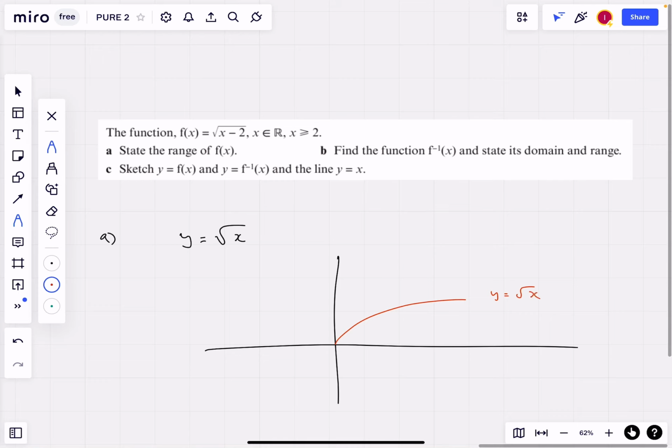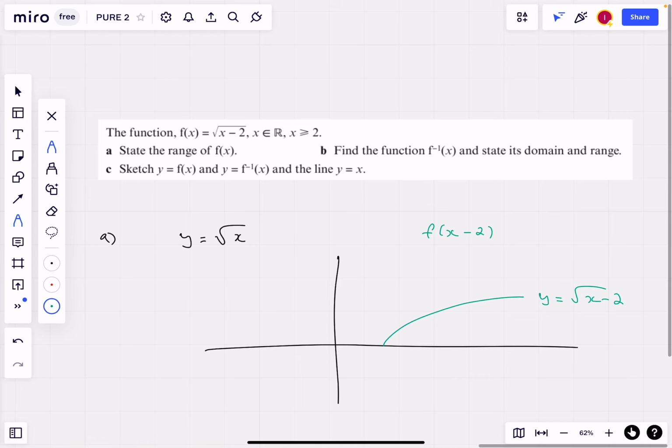So if I want x minus 2, I'm basically doing f(x) minus 2. So I'm moving everything to the right by 2. So something like this. So now if I get rid of this red bit, this is y equals root of (x minus 2).